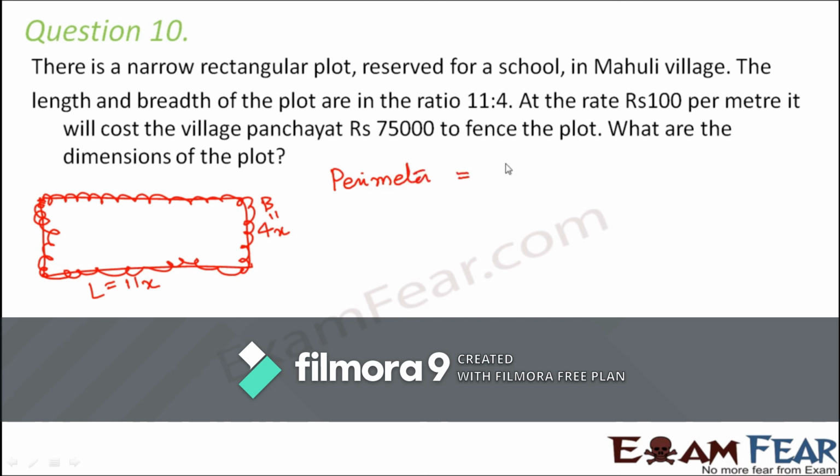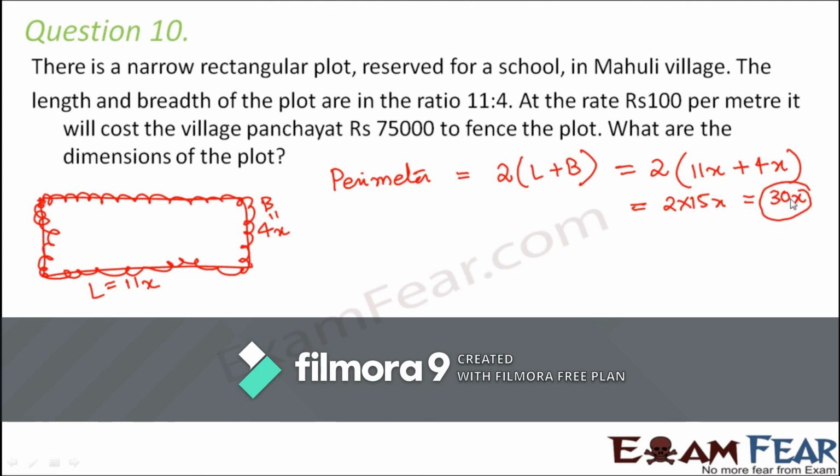So the perimeter would be equal to length plus breadth plus length plus breadth, that is 2 into length plus breadth. So this would be equal to 2 into 11x plus 4x, which is 2 into 15x, that is equal to 30x. So this would be the total boundary of the plot.